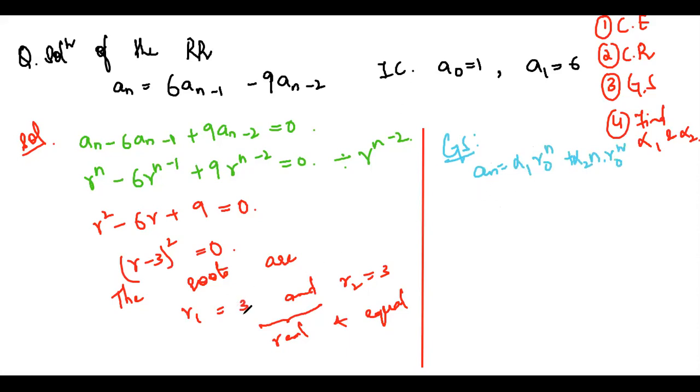Now we have got our r naught. R naught is basically the only single root that we have, which is 3. So an is equal to alpha 1 into 3 power n plus alpha 2 into n into 3 power n. Now what are these alpha 1 and alpha 2? Just mention it: alpha 1 and alpha 2 are some constants.